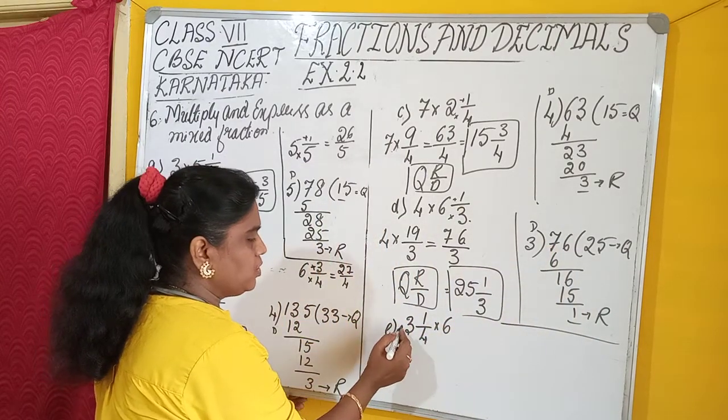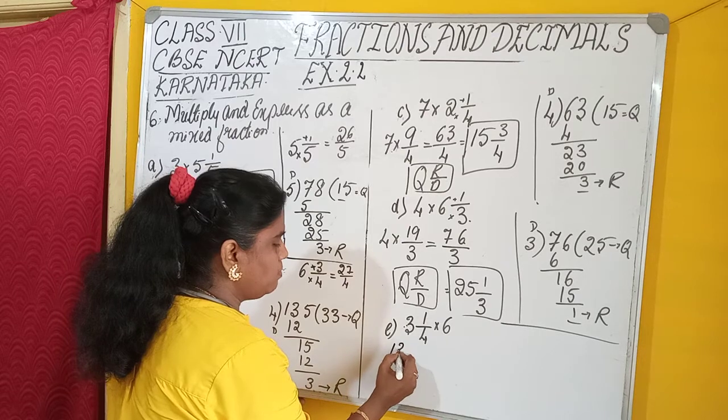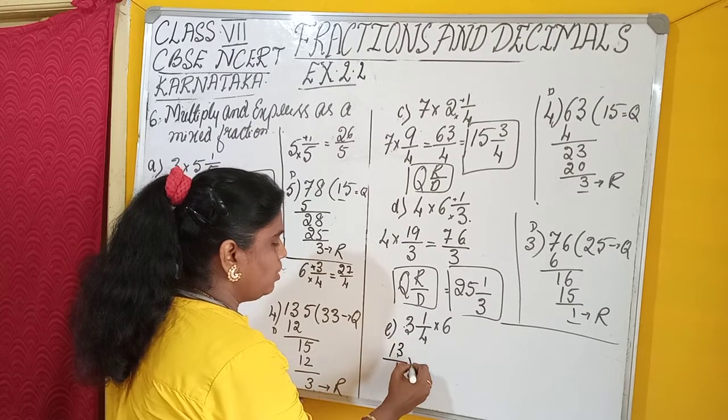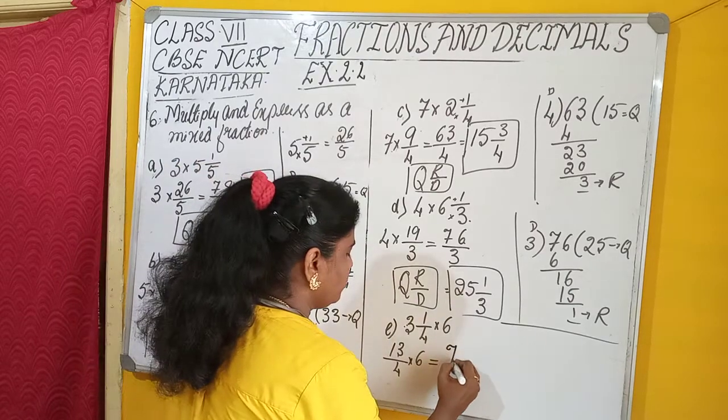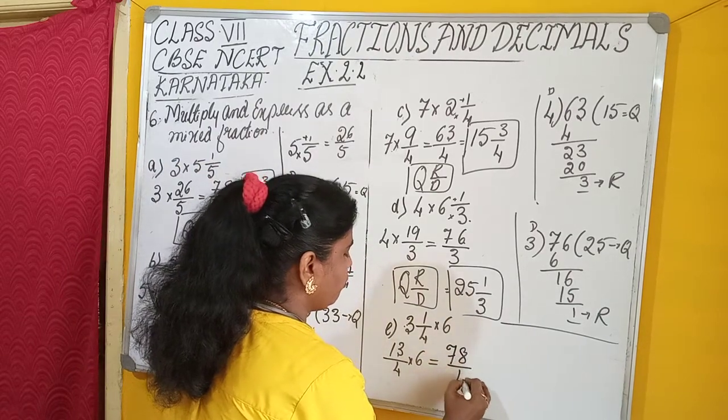Now 4 3s are 12, 12 plus 1 is 13 by 4 into 6. 13 6s are 78 by 4.